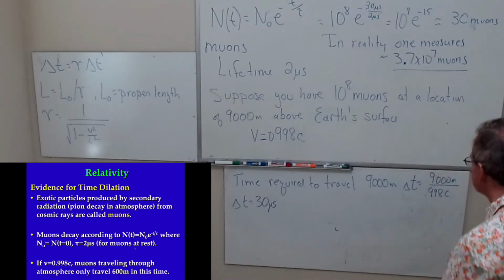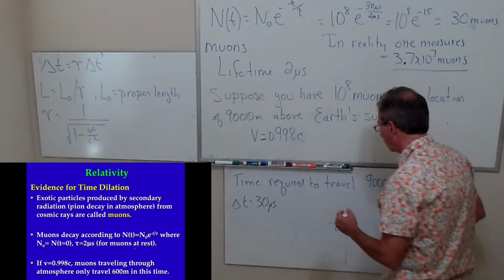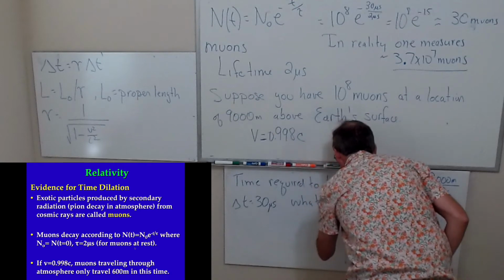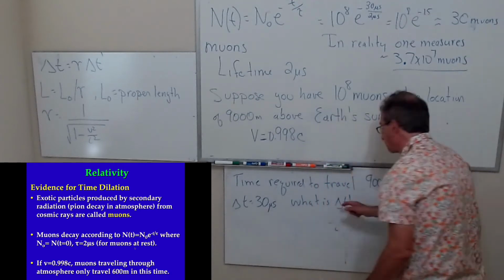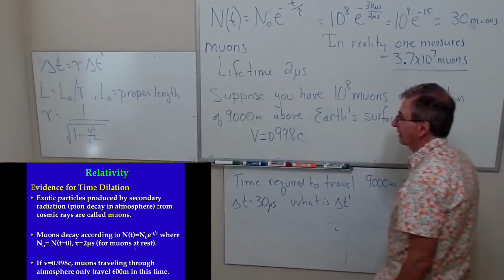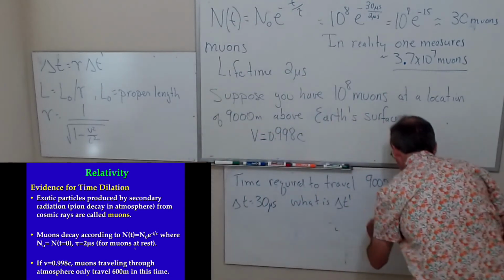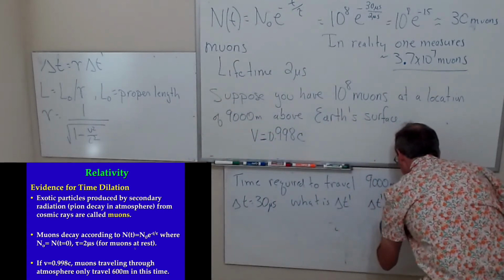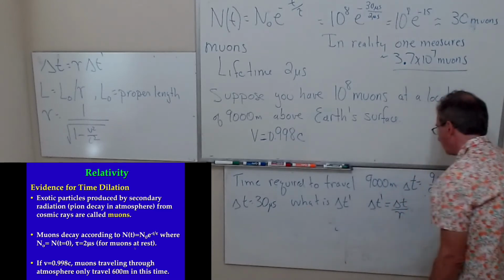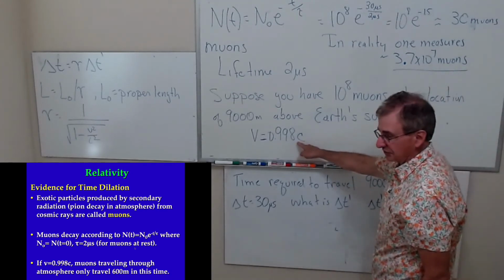Well, this delta t is 30 microseconds in our frame. What is this time interval for the muons? Well, I've got to calculate this. Now, what's gamma in this case? I chose these because it becomes a nice number.